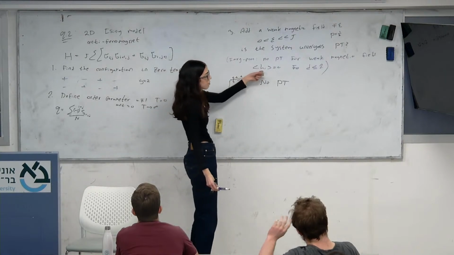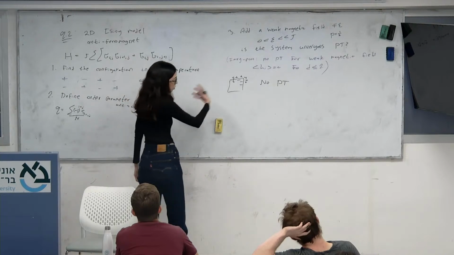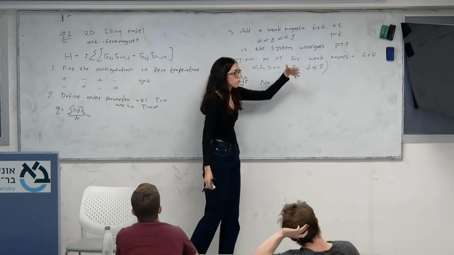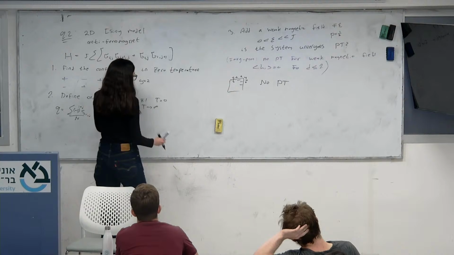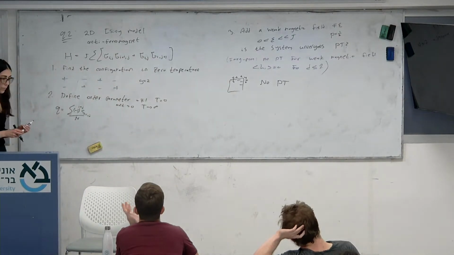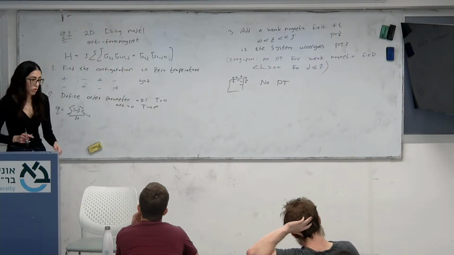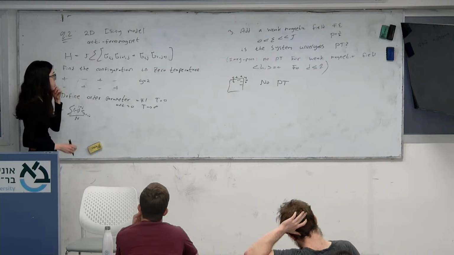We need to state that the average is 0, and therefore we have a phase transition. But because we work in d equal 2, none of that even matters. It doesn't matter if it's a ferromagnet or antiferromagnet, because you can do a transformation between them.